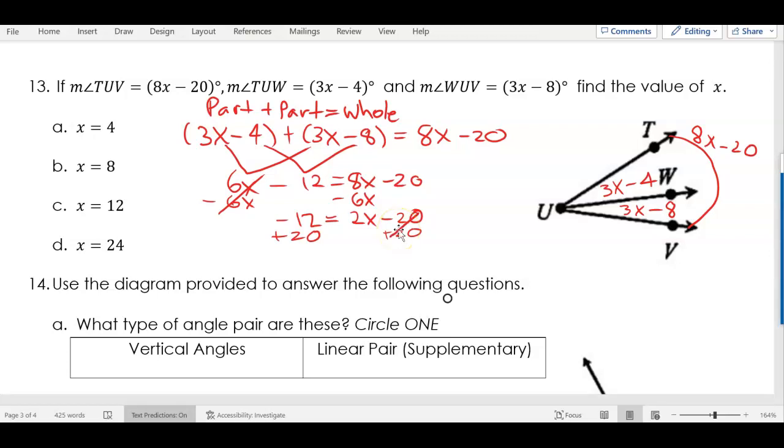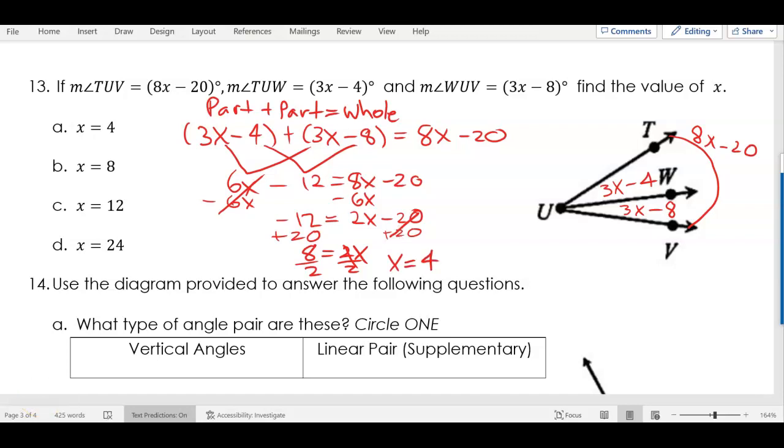So now negative 12 plus 20 is 8 equals 2x. And to get rid of that 2, we divide by 2 on both sides, and we get x equals 4.